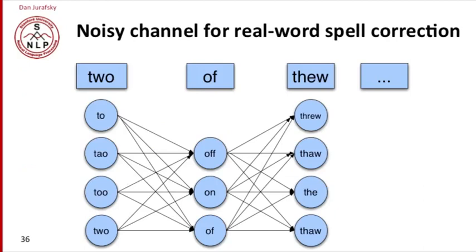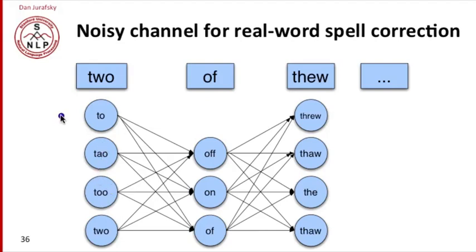Imagine the three words, the mini sentence, two of thew, T-H-E-W. So for each word, the word two, the word of, and the word thew, we generate potential corrections, each of which is a word of English that is edit distance of 1. So I've shown some here.